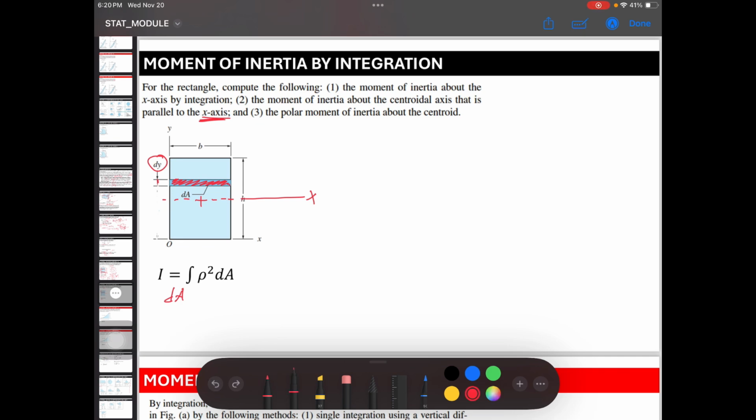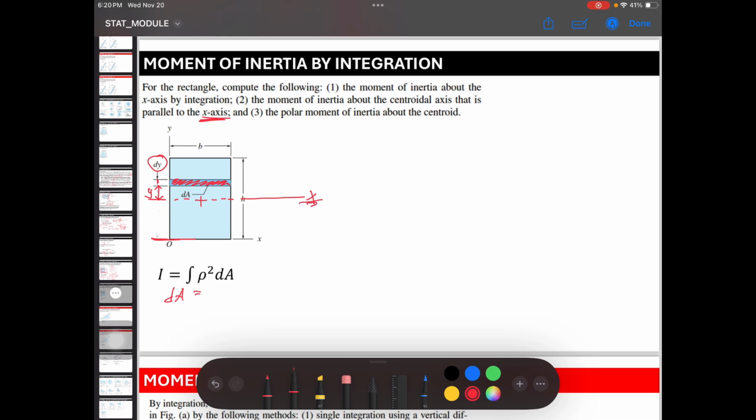Okay? So, ano yung y natin? This is our y, kasi dimension na siya dun sa centroidal axis. Hindi na tayo sa global, kaya binura ko yung kanina. So, ang y natin is the dimension ng differential area to the centroidal x-axis, which is this one.